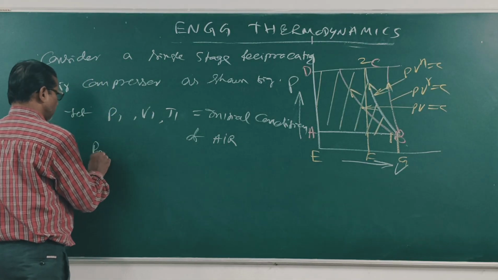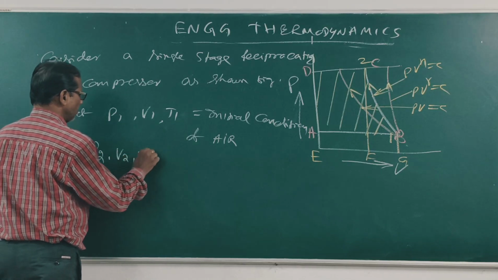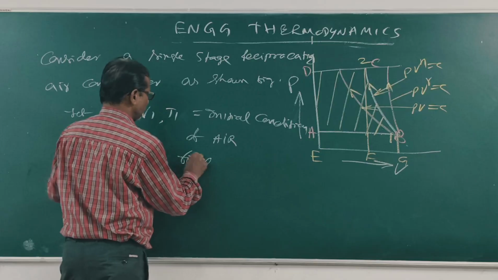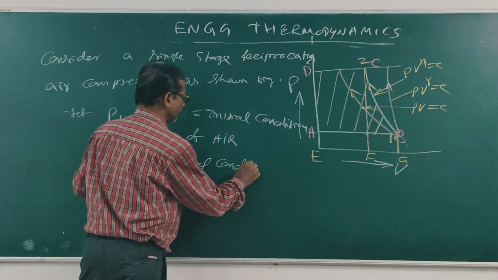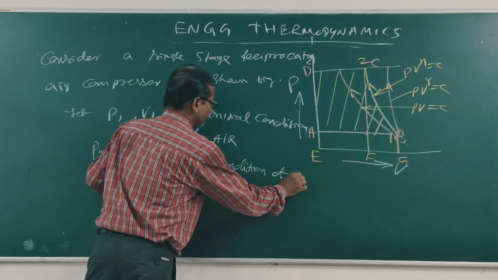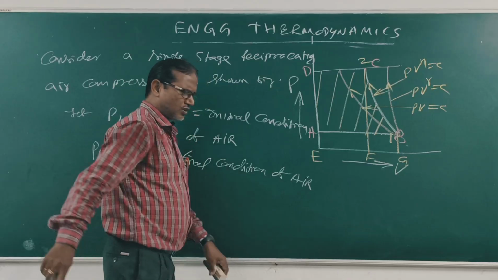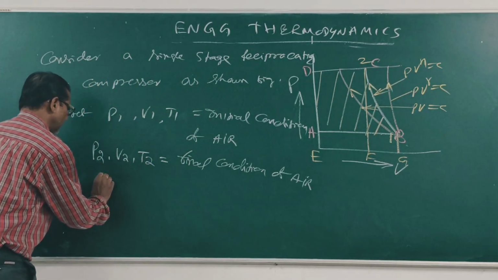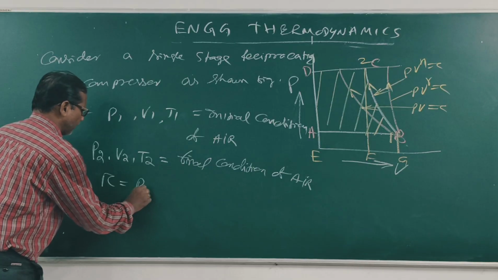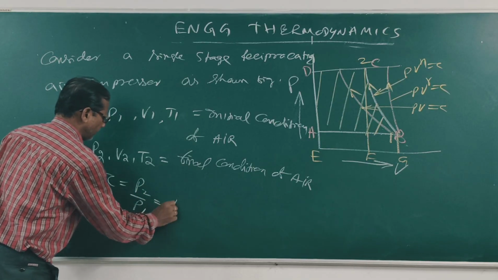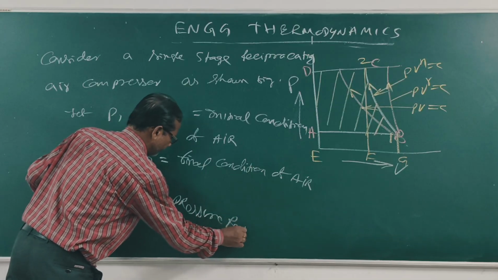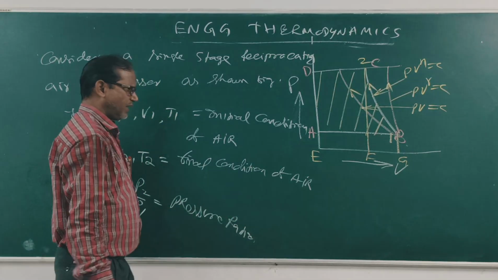P2, V2, T2 is the final condition of air. P2 by P1 is the pressure ratio. Right?